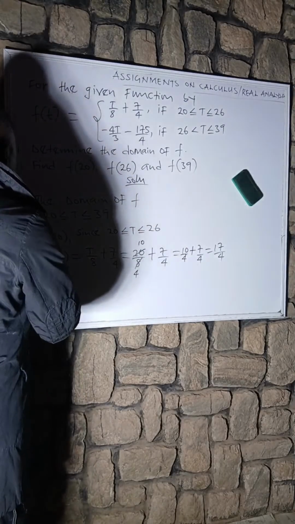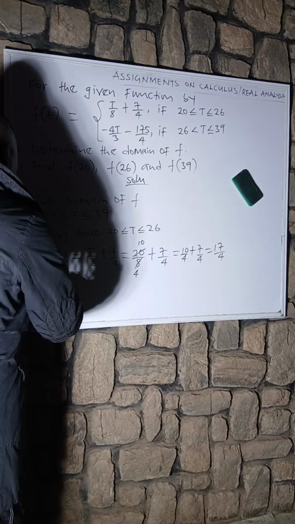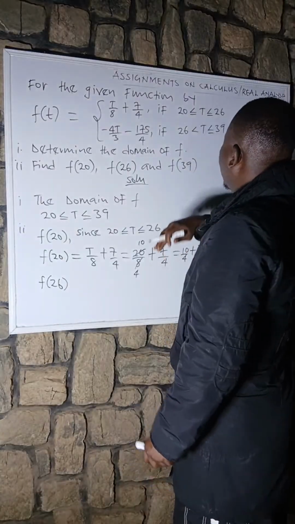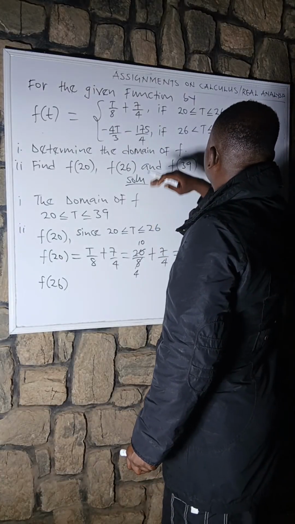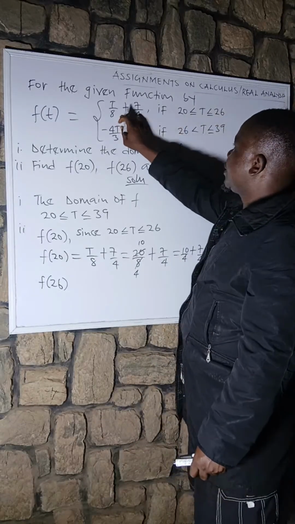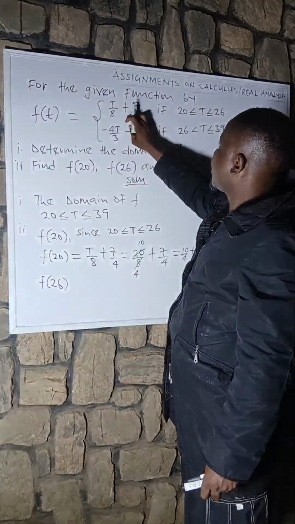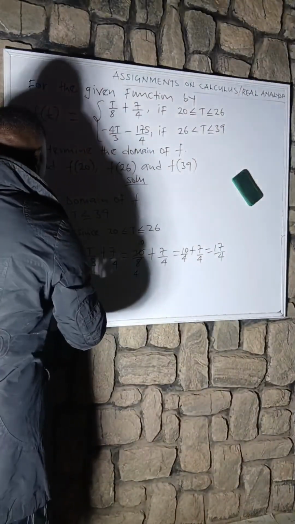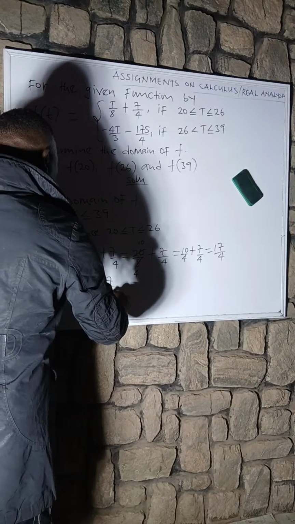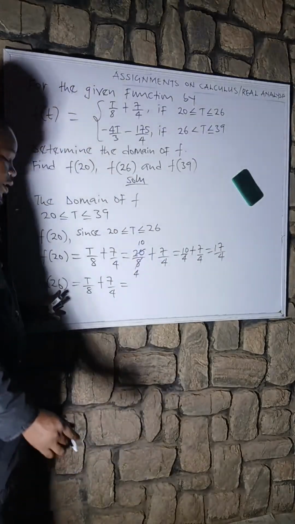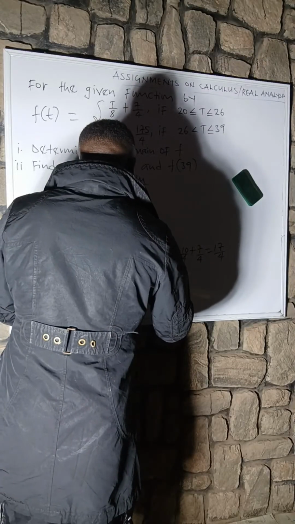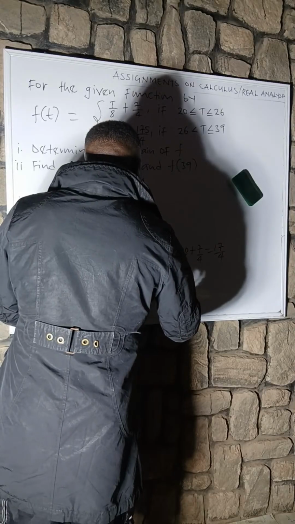f of 26 is still in between these two, because t is less than or equal to 26. So is this function that we are going to use? That is, here will now be equal to t all over 8 plus 7 all over 4, which is equal to, anywhere you see t is what? 26 all over 8 plus 7 all over 4.